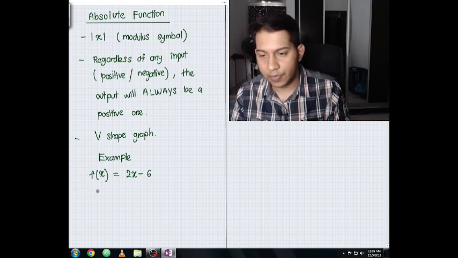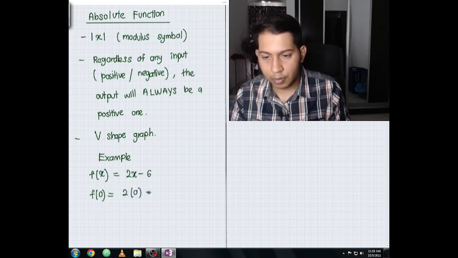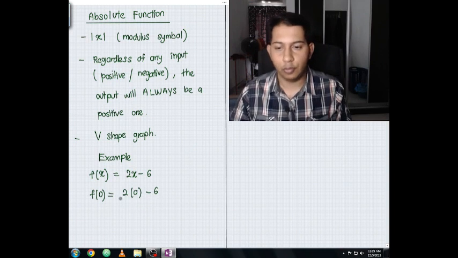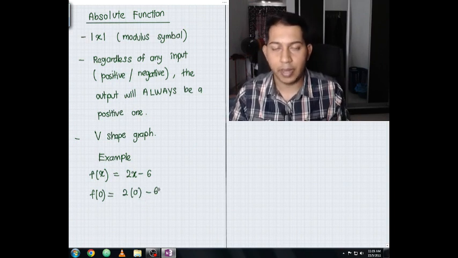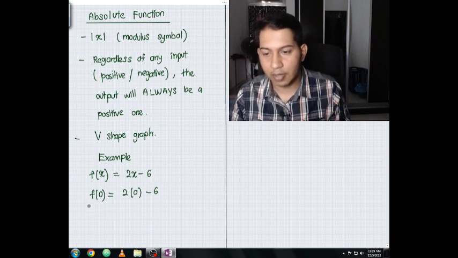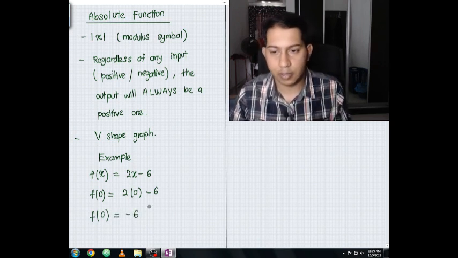So f(0) equals 2 times 0 minus 6. 2 times 0 is 0, and 0 minus 6 is negative 6. So the image for 0 is equal to negative 6. This is the normal case.